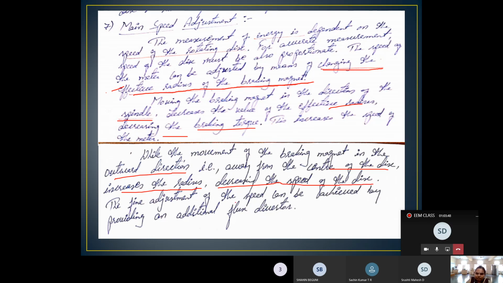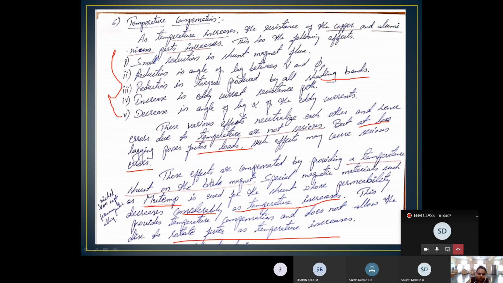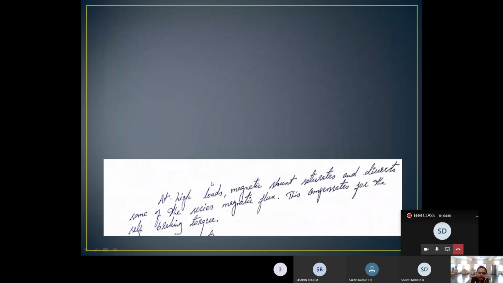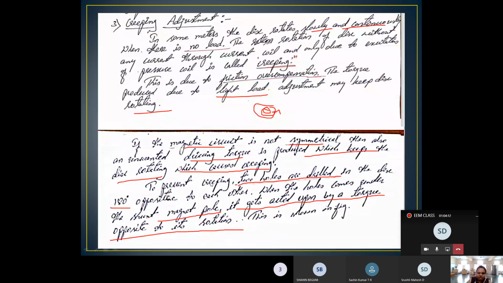The fine adjustment of the speed can be achieved by providing additional flux diverters. This is how we adjust the disc so that it can measure the correct speed for the energy meter. These are all the 7 adjustments we make in the energy meter.